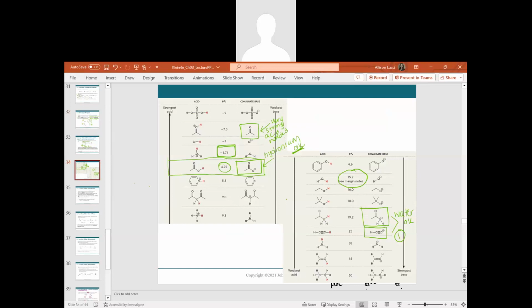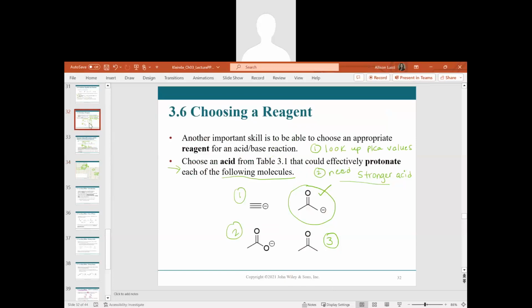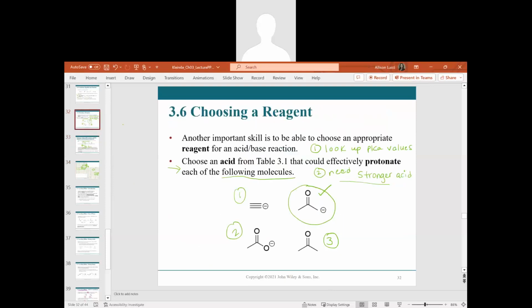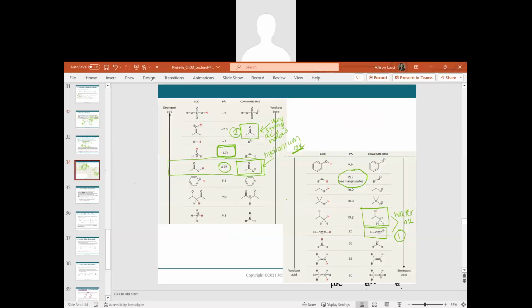Oh, is this it up here? Sorry, here's number 2. And then what else do we see here? Oh, I'm sorry. This is number 2, right? And we did this one down here, the acetate ion. So I'm just going to switch those. So 1, 2, and then 3 is also listed. Sorry, this is 3, and then this is 2.